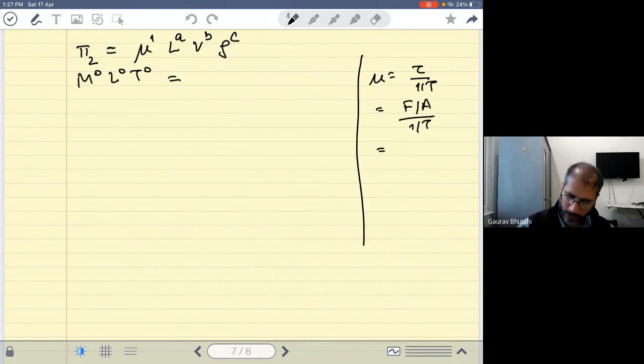And force is mass times acceleration. That is force divided by L square, that is area, and divide by 1 by t. So t goes on the top. This becomes L m, and then L to the power of minus 1 and t to the power of minus 1.